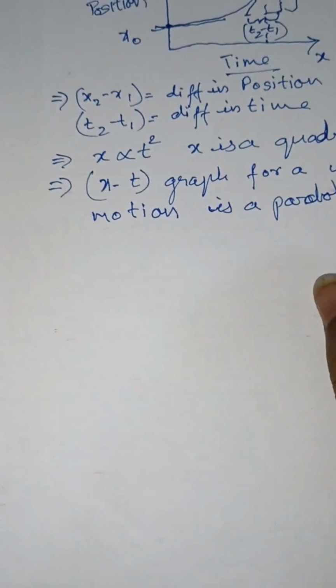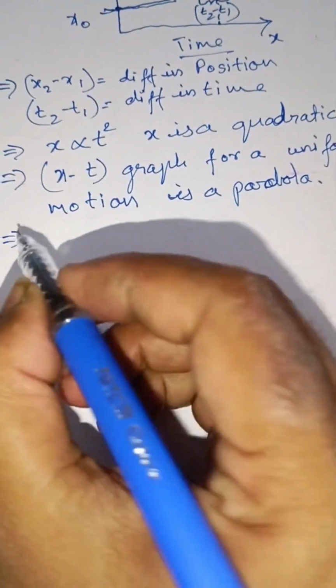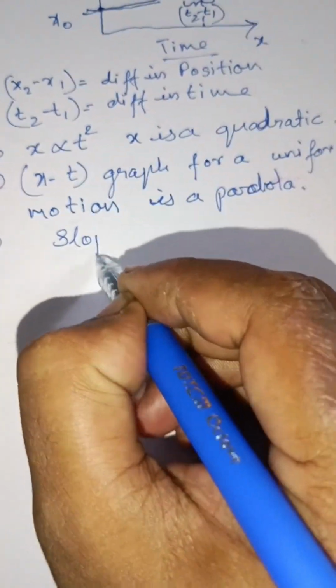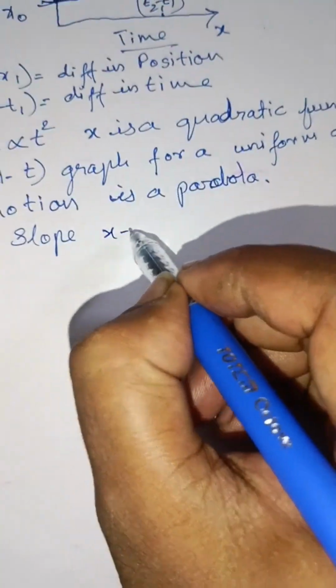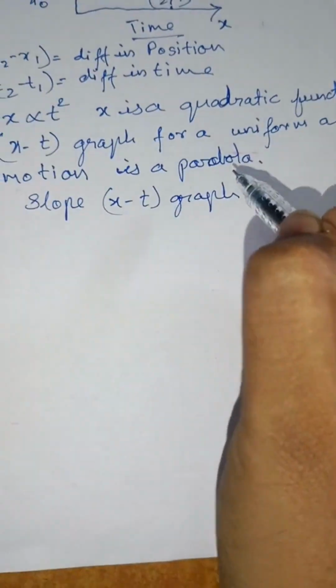And the next point we are going to discuss is the slope of a position time graph. How can we define the slope of an xt graph?